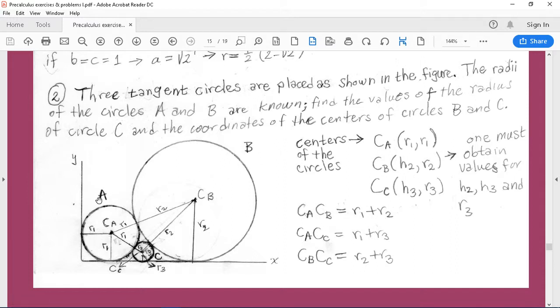Circle A, with center CA, has its radius R1. The circle labeled B has its center at CB and its radius is labeled R2. The circle labeled C has its center CC and its radius is R3.